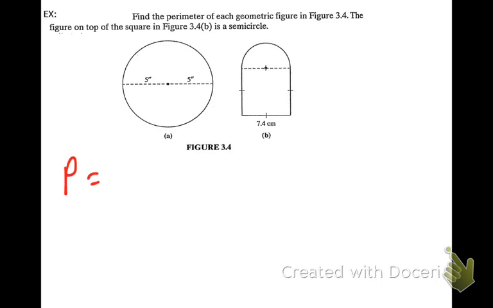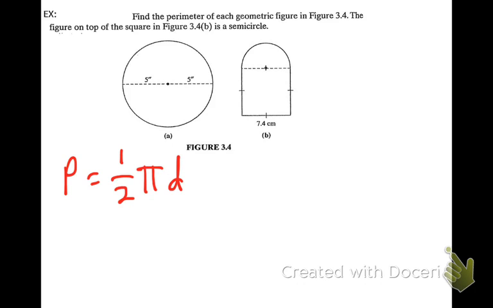Wait, the whole entire shape? Yeah, I don't want the numeric answer, I want the formula you would use. The whole entire outline, yes. 4s plus 2 pi r, or pi d divided by 2. I agree with the pi d divided by 2, so we're going to take 1/2 the circumference, so it's 1/2 of pi d.